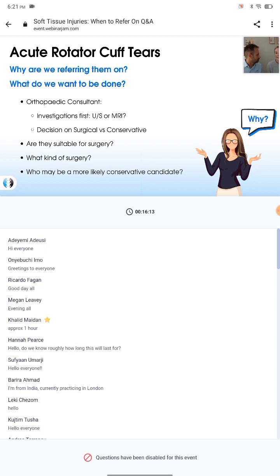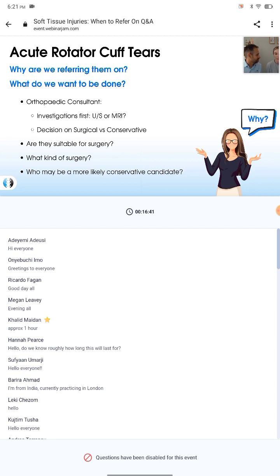However, it isn't as accurate as MRI, and sometimes tears can be missed, particularly things like subscapularis tears. So MRI scans may be preferable in some places, depending on pathways and protocols, because they give a bit more information on the joint, on the tear pattern, how big it is, how atrophied it is, how retracted it is, which helps with the surgical decision making.